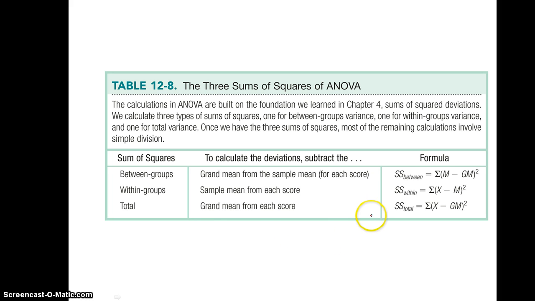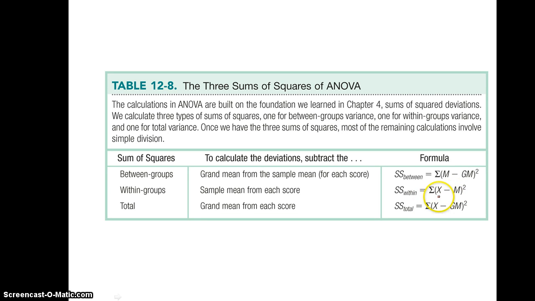Here's a summary of the formulas we use. For the sums of squares between, for each individual in a group, you take the group mean and subtract the grand mean. You do that for every group, for the number of people in the group, square those deviations and sum them together.